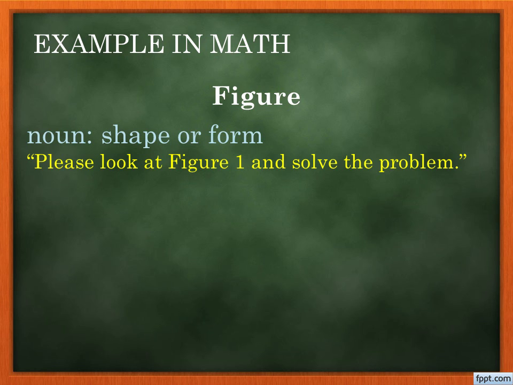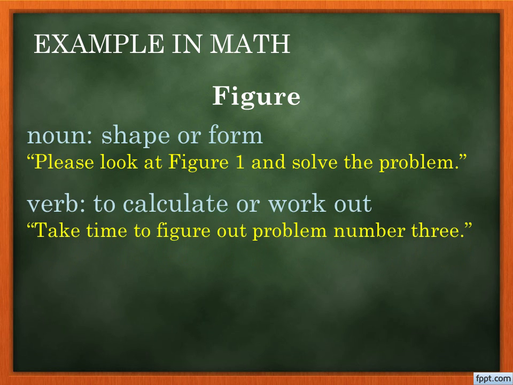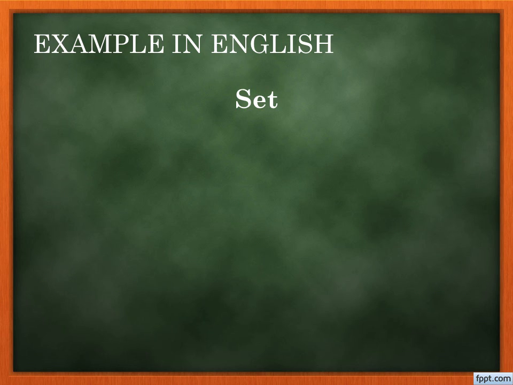A teacher can say, please look at figure 1 and solve the problem, right? But in another context, as a verb, take time to figure out this problem number 3. And then again, as a noun, as in a number, how many significant figures does this number have? So you can see these are very specific examples of the word figure in a math class, but they all mean different things.